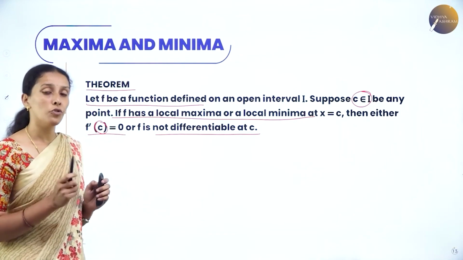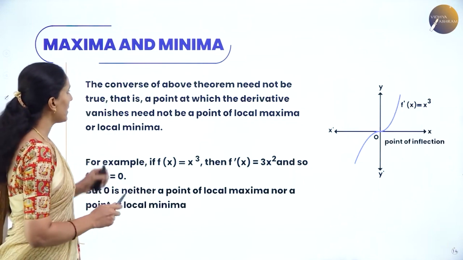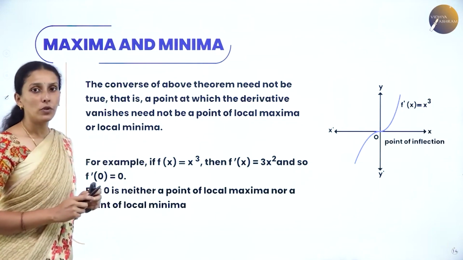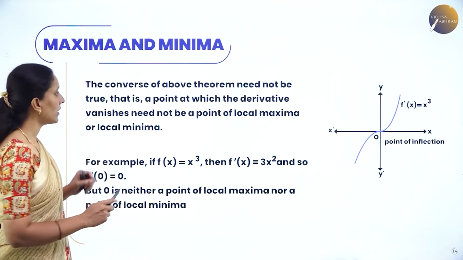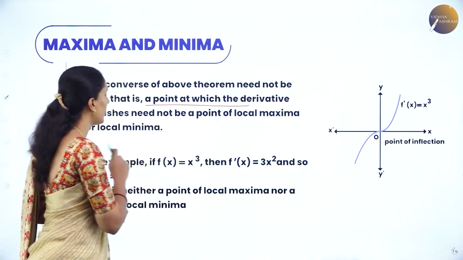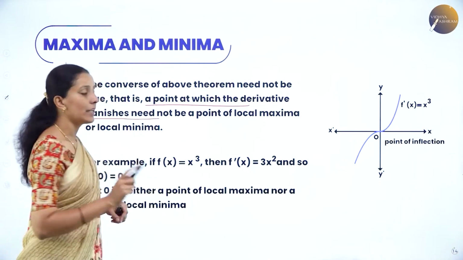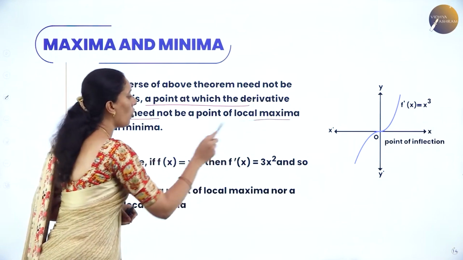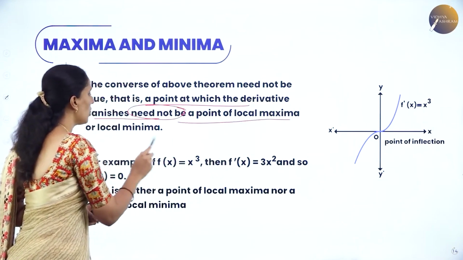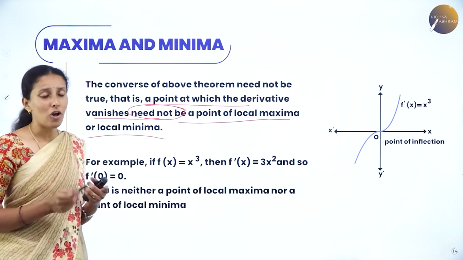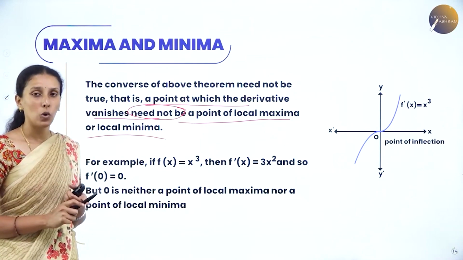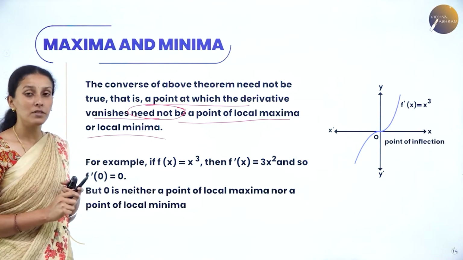But this is not true for all cases. So here you can see the converse of the above theorem need not be true. That is, a point at which the derivative vanishes need not be a point of local maxima or local minima. It is not always a point of local maxima or local minima where the derivative becomes 0.